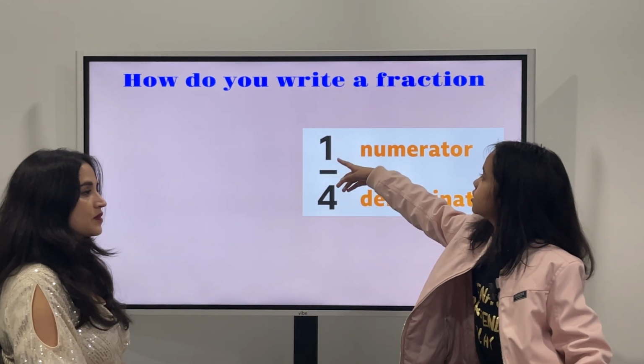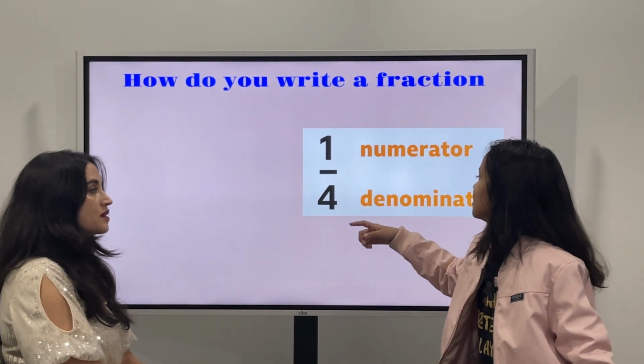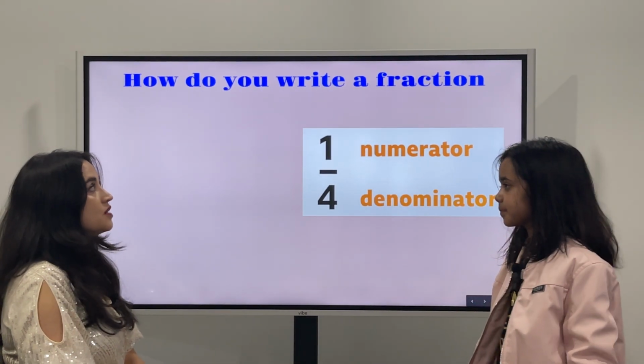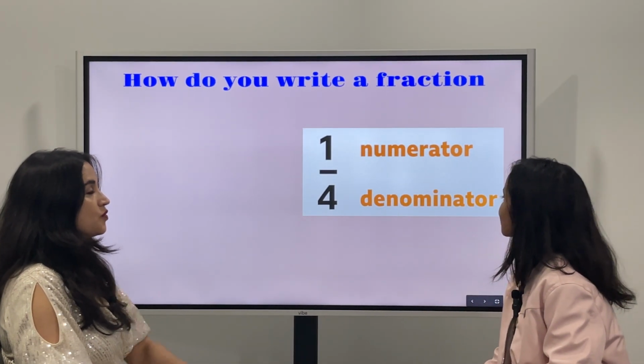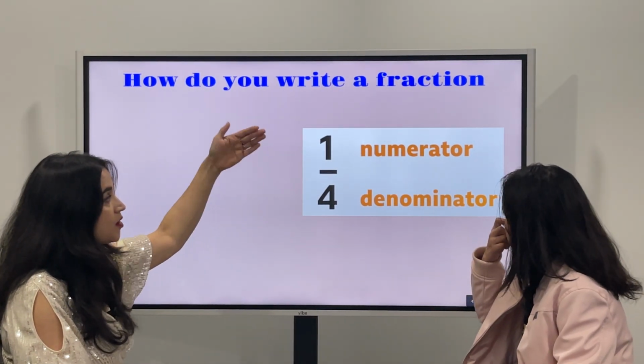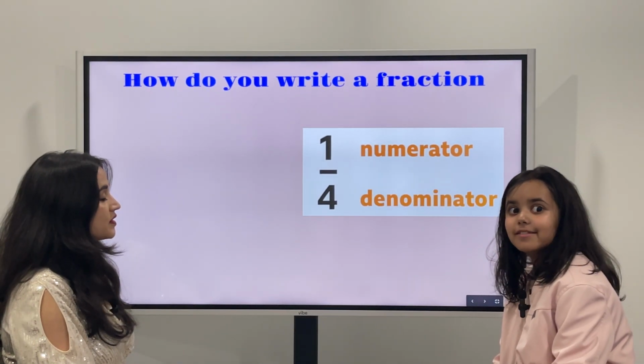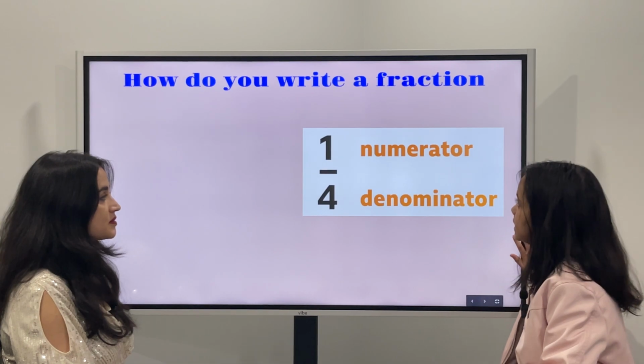So like this is numerator. Wait, did I say it right? Yes. And then this is denominator. So we have to remember that the upper part has a name and the lower part has a name too. And they have a number.